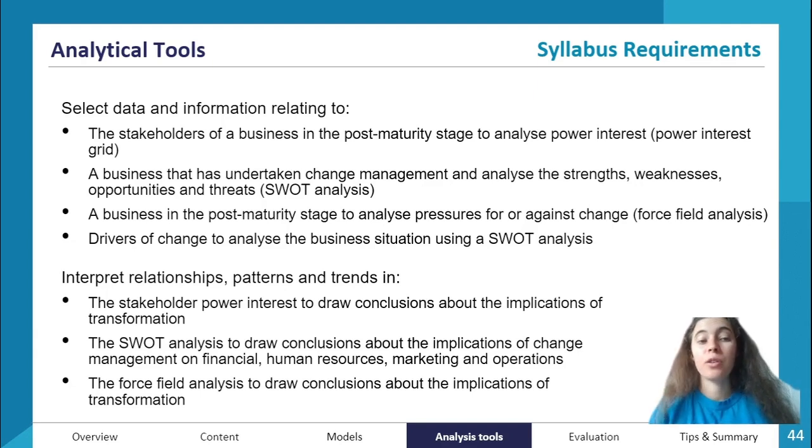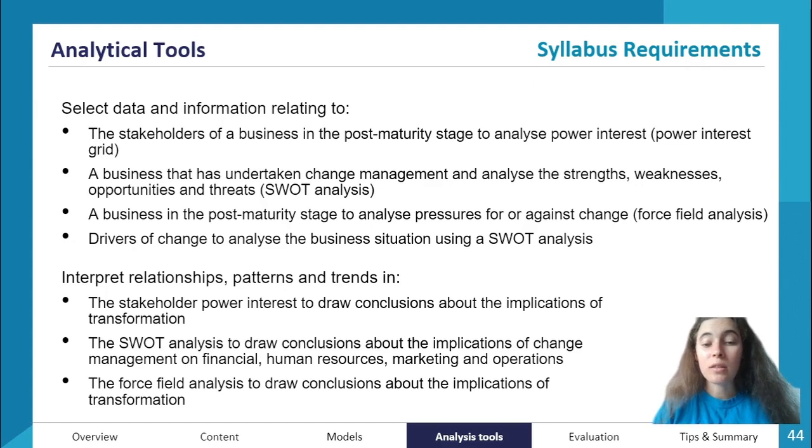Not only do you have to select data and information, but you also need to be able to interpret relationships and analyze things. So the stakeholder power interest grid, you can look at that to draw conclusions about the implications of transformation.